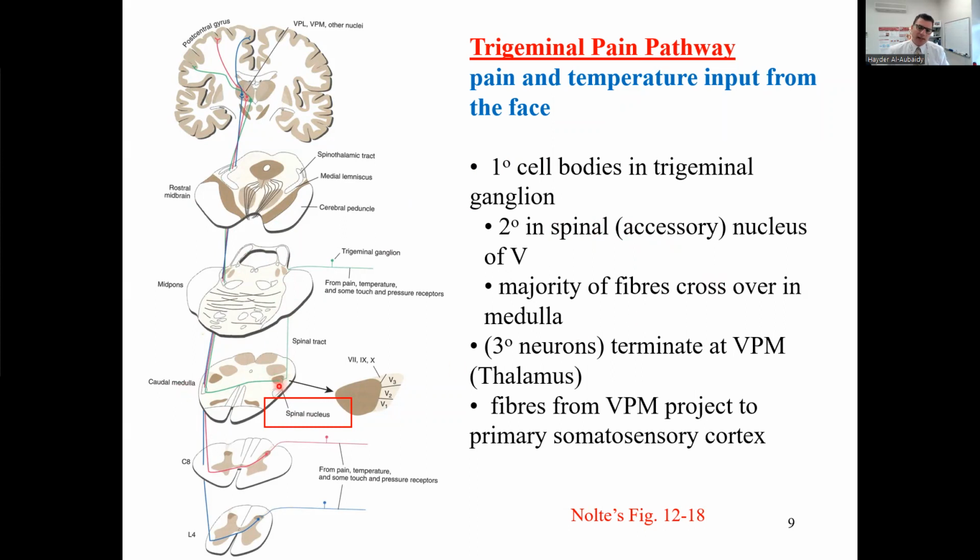Then at the spinal nucleus, the second order neuron decussates and ascends all the way up towards the thalamus, where it synapses with the third order neuron at the VPM nucleus, similar to the trigeminal touch pathway, and projects to the most lateral surface of the primary somatosensory cortex. So basically, from here all the way up, it will be similar to the trigeminal touch pathway. The main difference here is the level of synapses between the first and second order neuron, and the level of decussation, obviously.